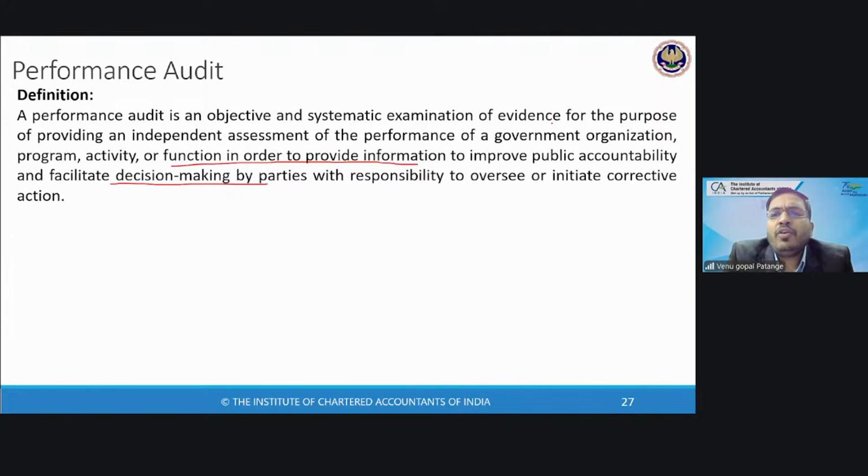So what are we doing? We have an entity. We may perform this audit on the entire organization or some program. Let us say the government is conducting some program. They'll be distributing books, or they'll be distributing cycles.